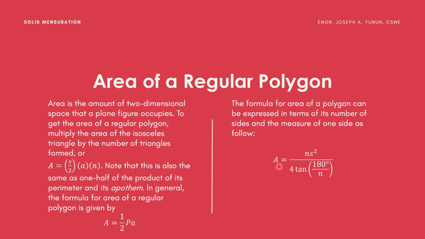Another formula for the area of a regular polygon is the number of sides multiplied by the square of the length of each side, divided by 4 tangent 180 degrees all over n.